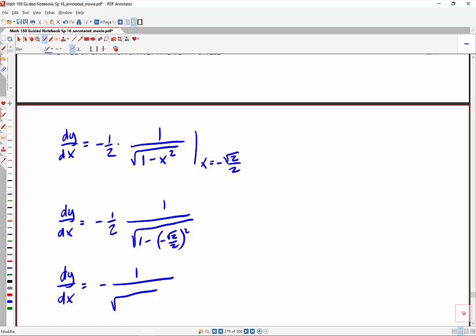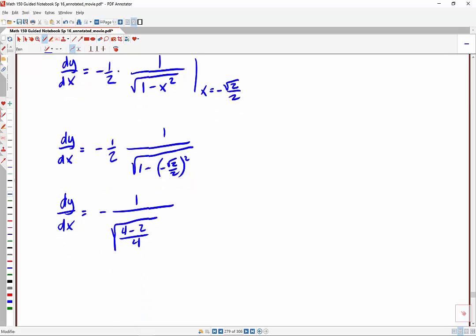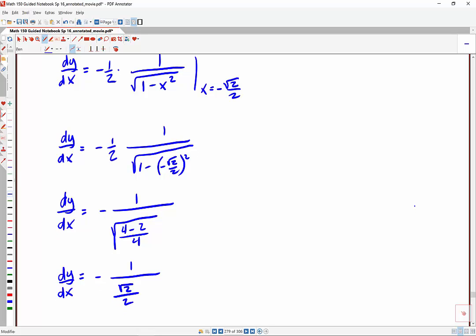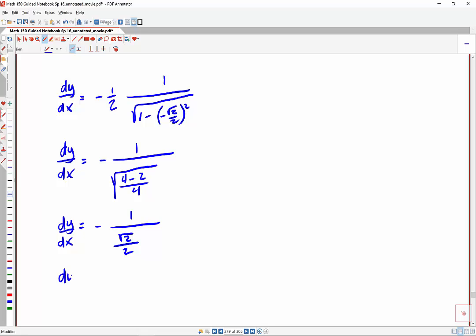So dy dx is equal to negative 1 over root 2 over 2. So we'll get dy dx is equal to negative 2 over root 2, which actually is just negative root 2.